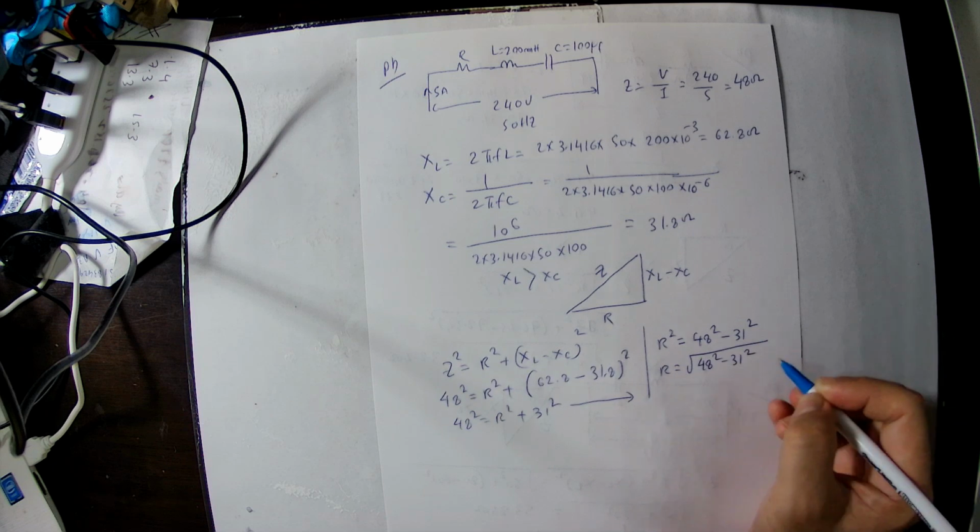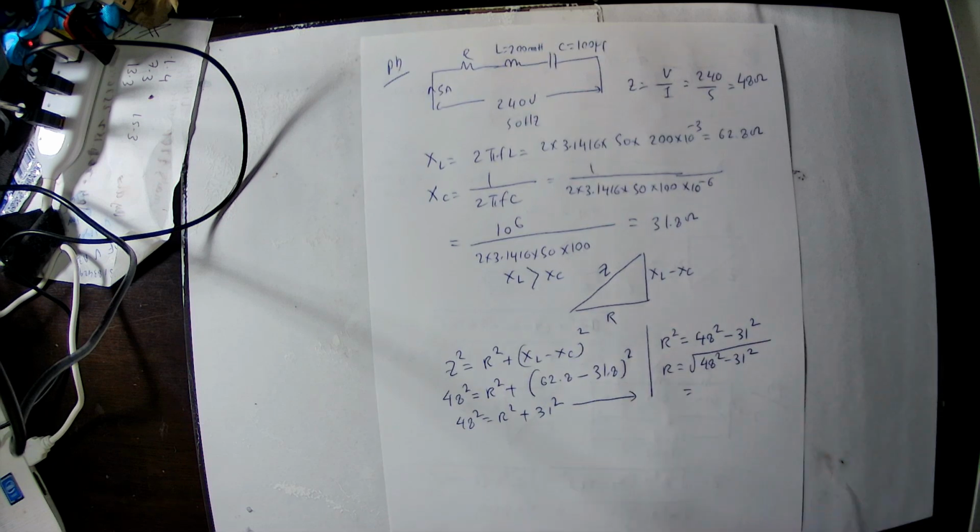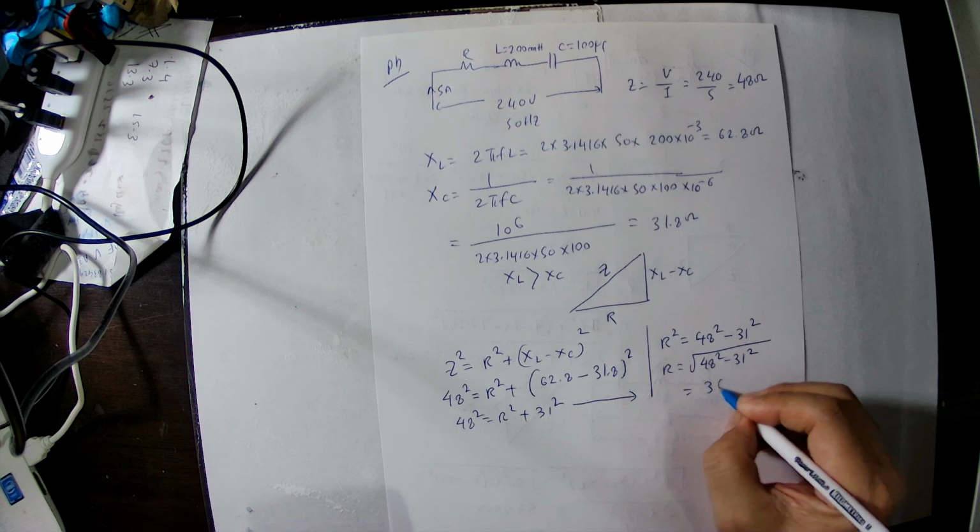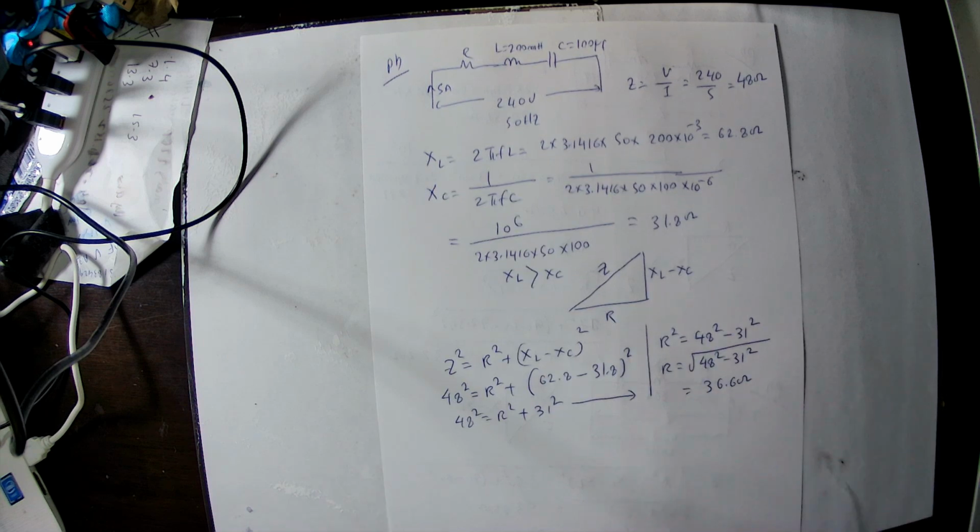The square root gives 36.6. So the resistance value is 36.6. This is the answer.